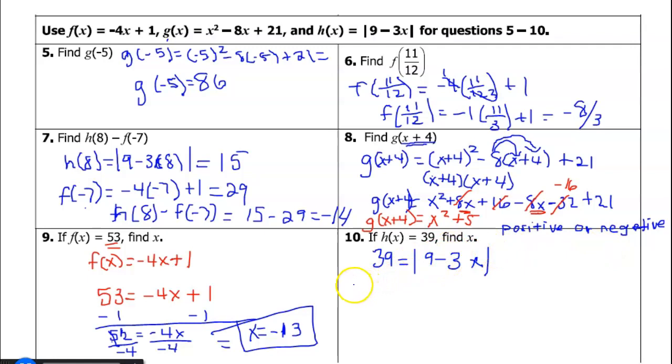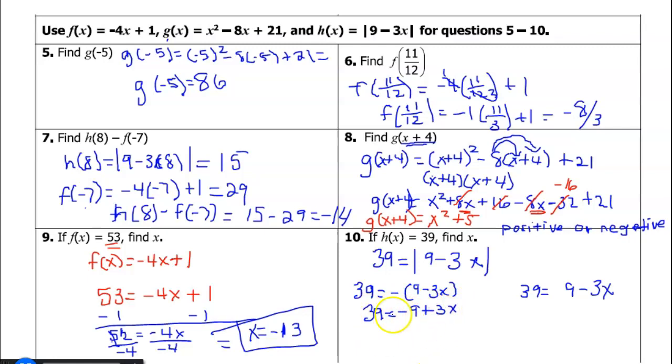So that means that I can say, hey, 39 is going to equal the negative of 9 minus 3x, or 39 is going to equal the positive of 9 minus 3x, which is 9 minus 3x. Okay, the negative of 9 minus 3x is negative 9 plus 3x, okay?